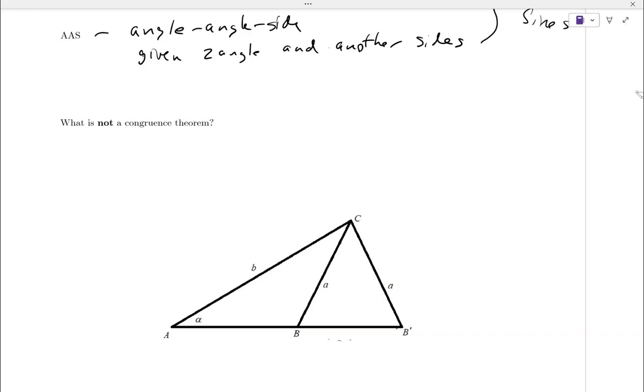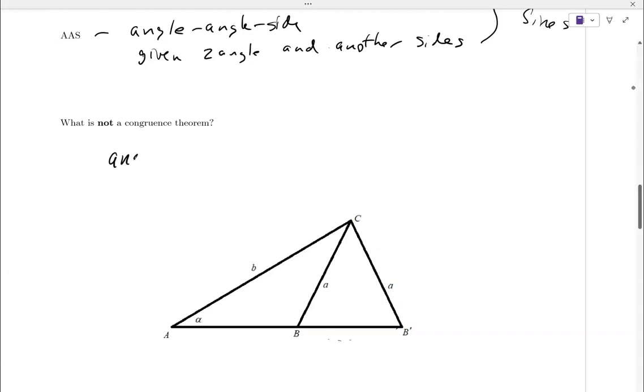Okay? So there's three different possibilities. You might get exactly one triangle. It's possible that this side was long enough that if you think about rotating it, you'd end up on the other side. You might get no triangle. This side might be not long enough, and it might just swing around up here and not intersect this side. Or you might get two. So this is what's known as the ambiguous case.